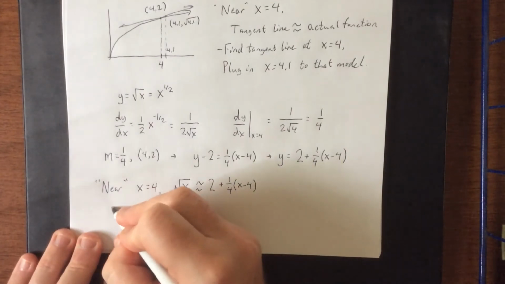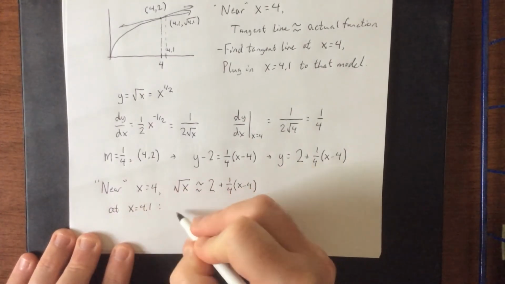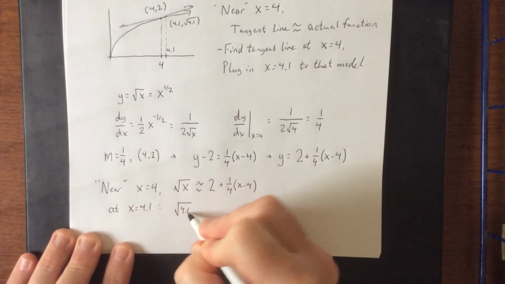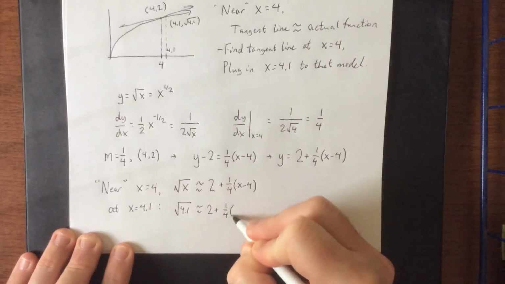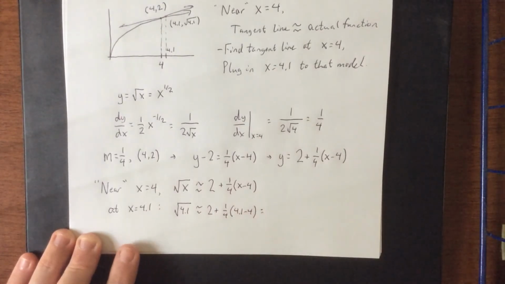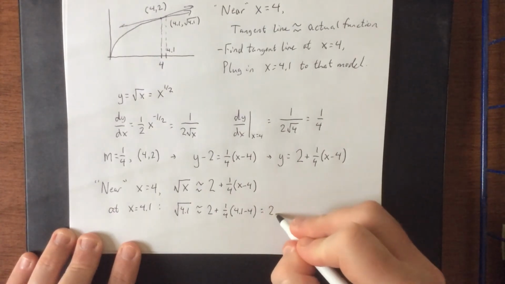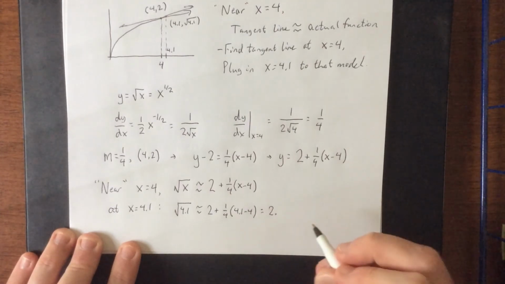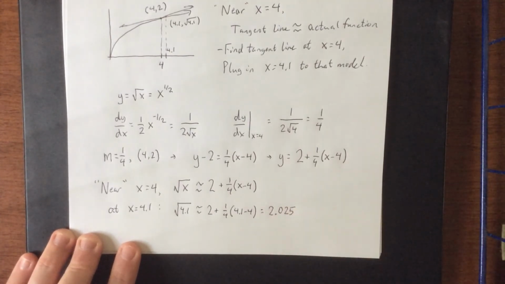So now let's plug in x equals 4.1. So the square root of 4.1 is going to be approximately equal to 2 plus 1/4 of 4.1 minus 4. Well, that would be 1/4 of 1/10. 1/4 is 0.25, so 1/4 of a tenth would be 0.025.